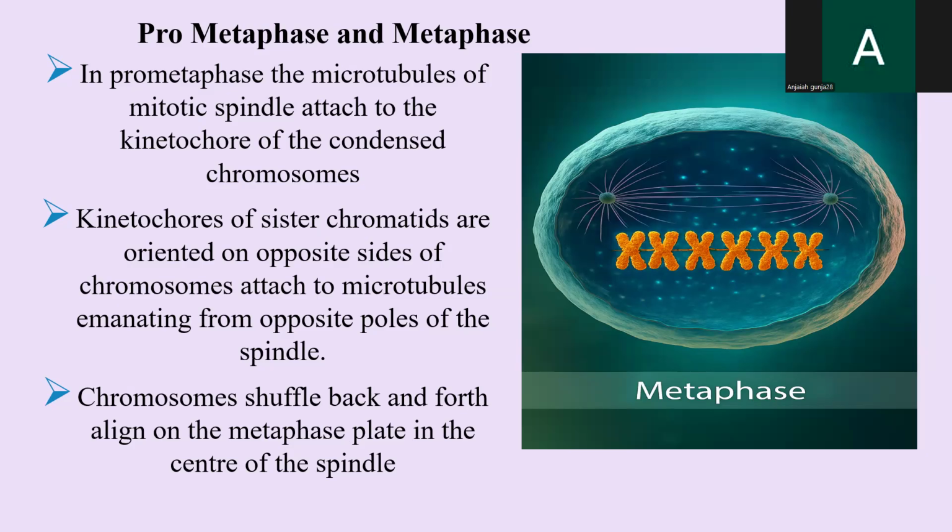The kinetochores of sister chromatids are oriented on opposite sides of the chromosomes. Chromosomes attach to the microtubules emanating from the opposite poles of the spindle. You can see the spindle fibers coming and attaching to the kinetochores. In metaphase, chromosomes shuffle back and forth and align on the metaphase plate in the middle of the cell, the center of the spindle. This is about metaphase.